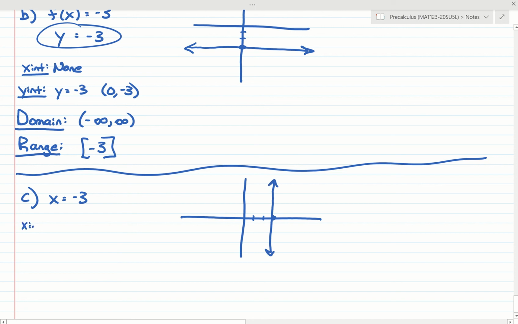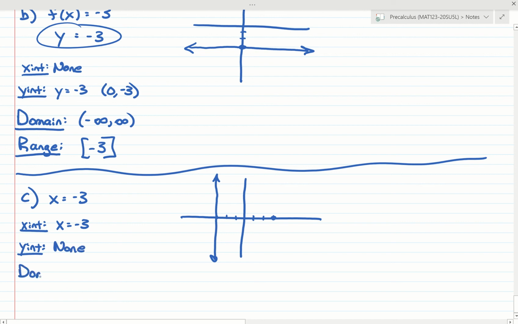So when we're talking about the x-intercept, well, clearly it crosses at -3, right? That's what we said. It should be there. My hand was covering up the negative. So the x-intercept would be -3. The y-intercept, well, it never touches the y-axis. It's parallel to that. So we're going to say none for this.